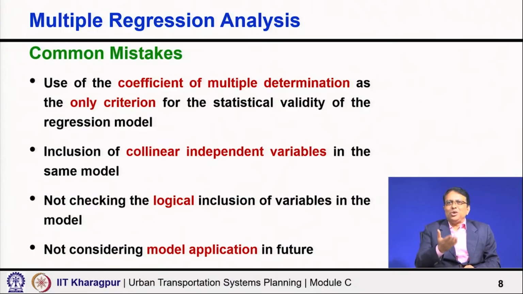And not only for regression equations, even when they do machine learning or apply deep learning, they have a common tendency to use all the data they are given. So, logical inclusion is very important.